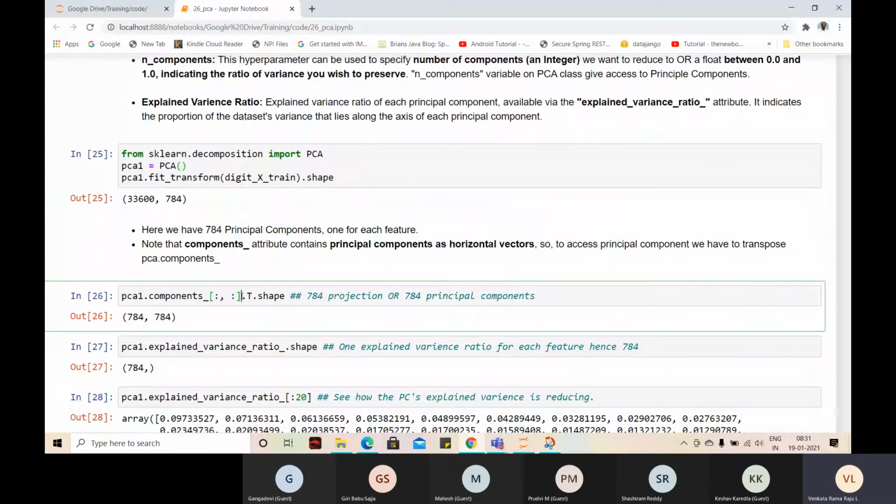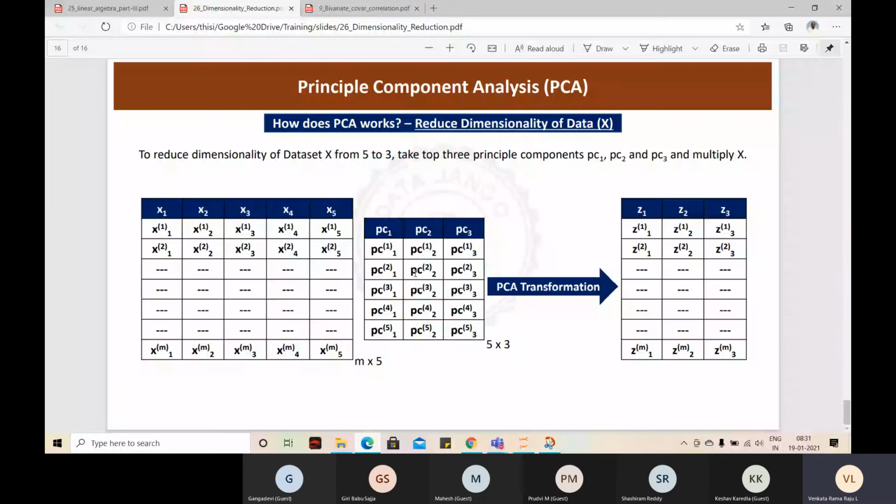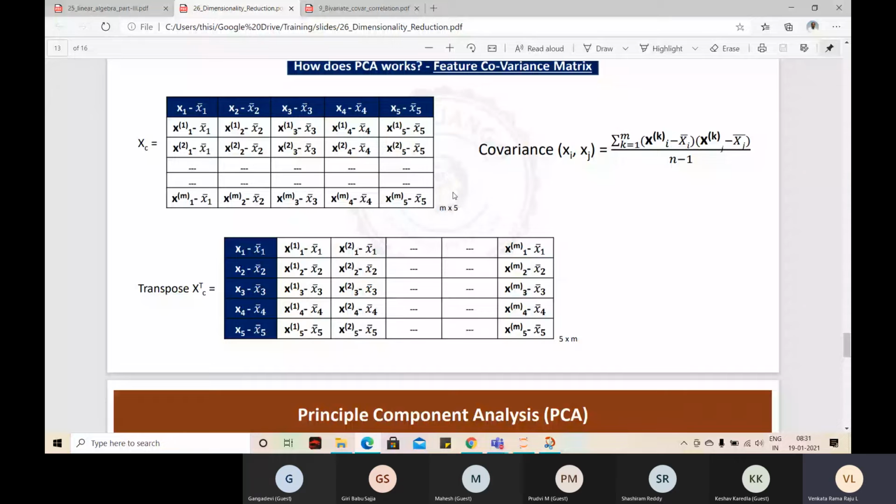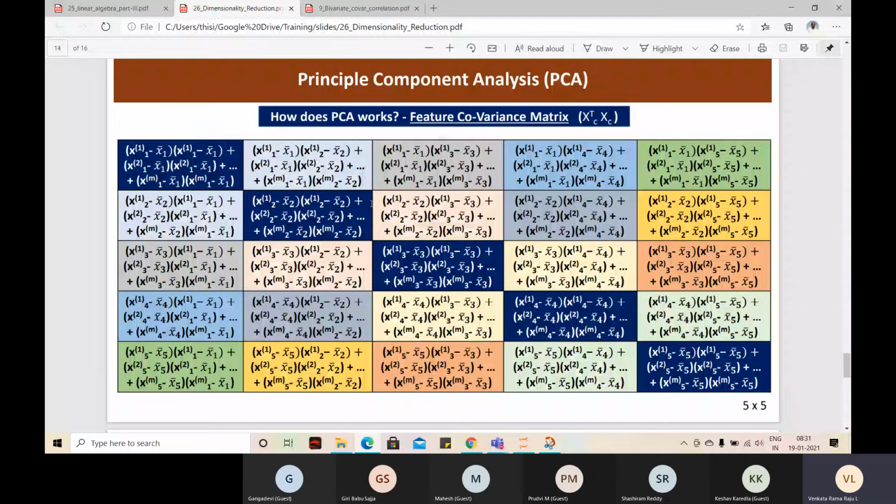Don't forget about that part. There are 784 columns, and you will get a 784 by 784 matrix of eigenvectors. In the earlier example, there are 5 columns. You calculated a 5 by 5 covariance matrix, applied eigenvalue decomposition, and got 5 by 5 eigenvectors. Got it?